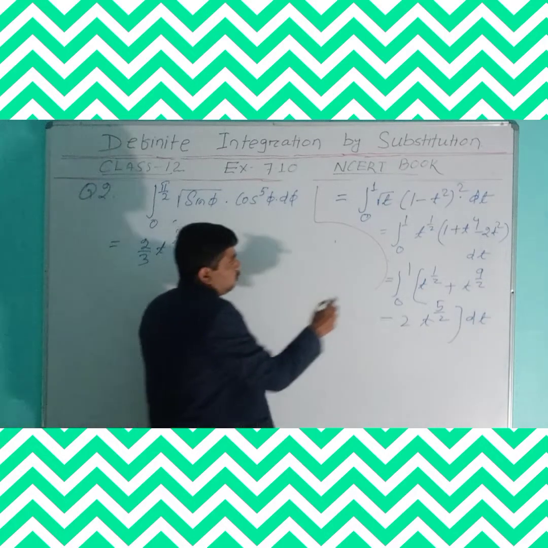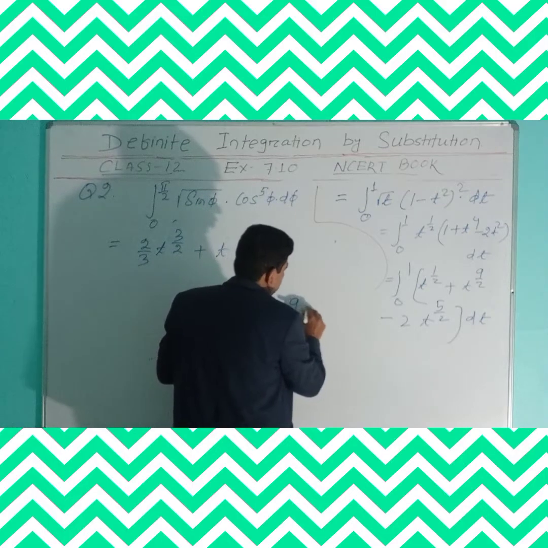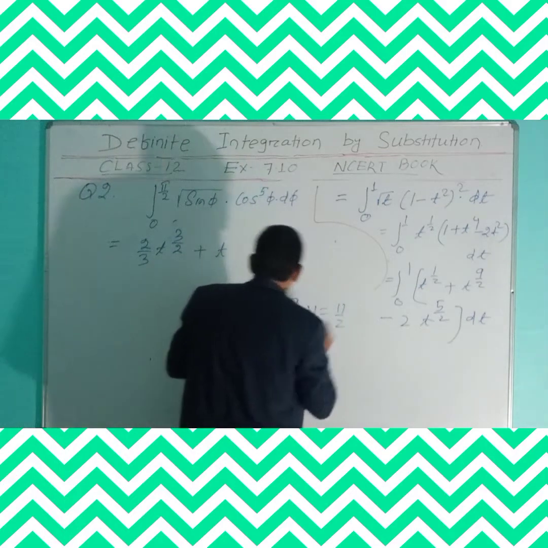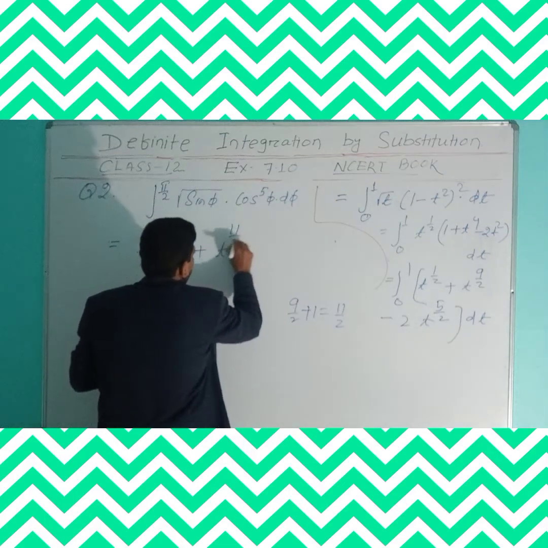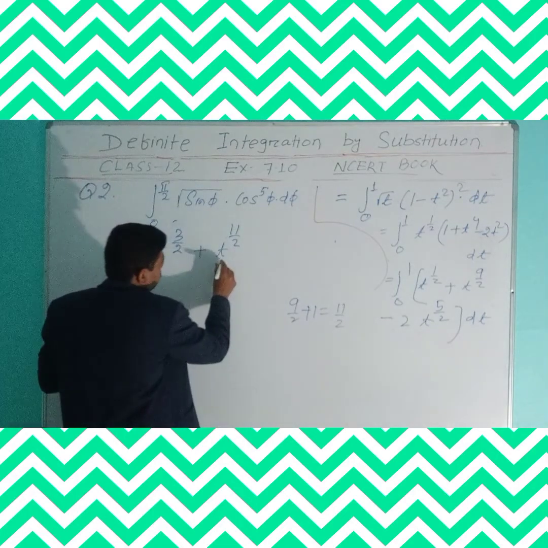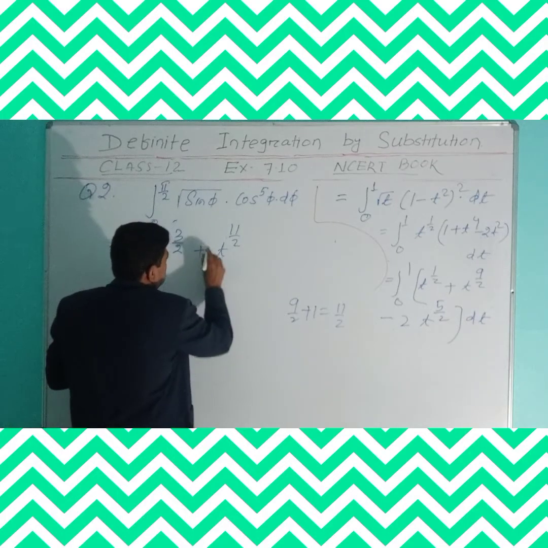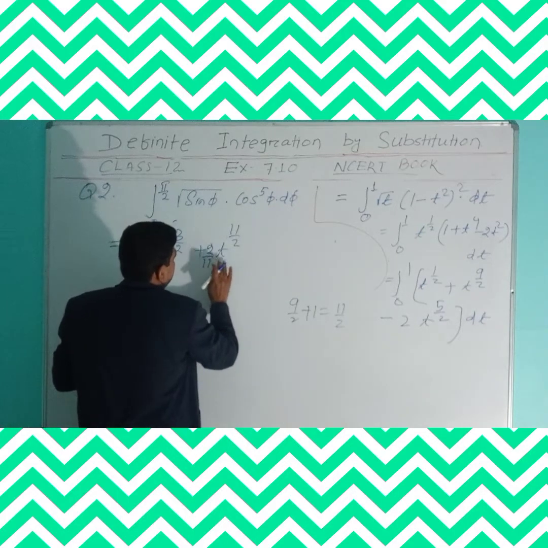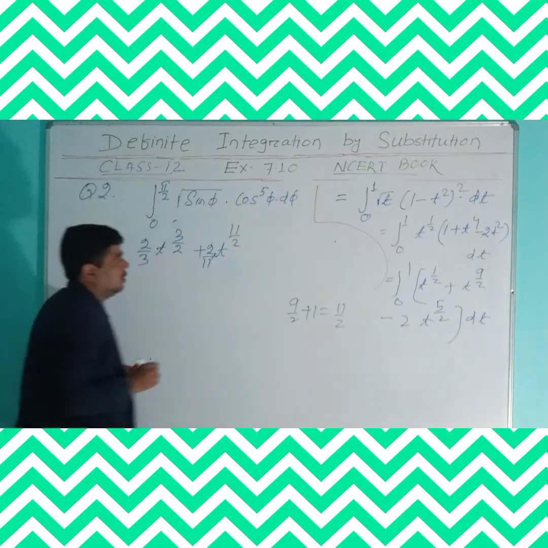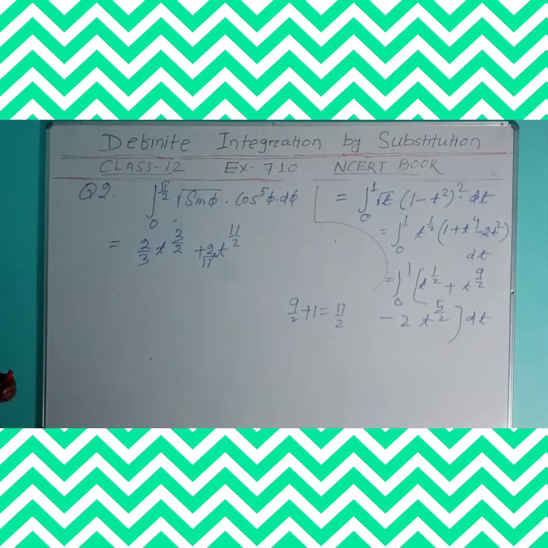Here is 9 upon 2 plus 1, which is 11 by 2. So it will be t to the power 11 by 2, divided by 11 by 2. And this 11 by 2 will be what? The reciprocal, 2 by 11. Understand or not? Is it clear?